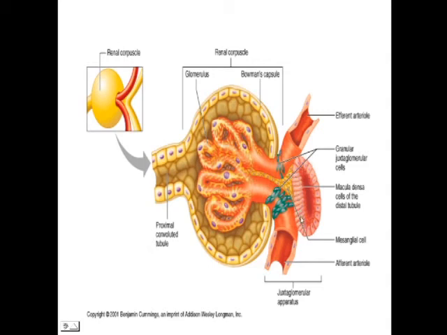These are the columnar cells, and these are the modified cells in the proximal part of the distal convoluted tubule at its commencement. Adjacent to the macula densa, the wall of the afferent arteriole.